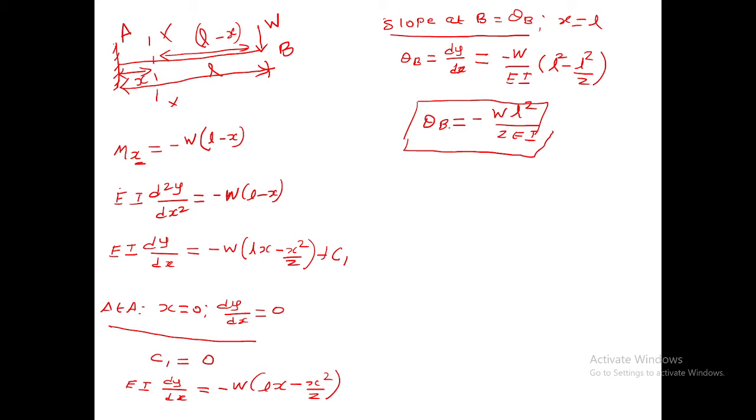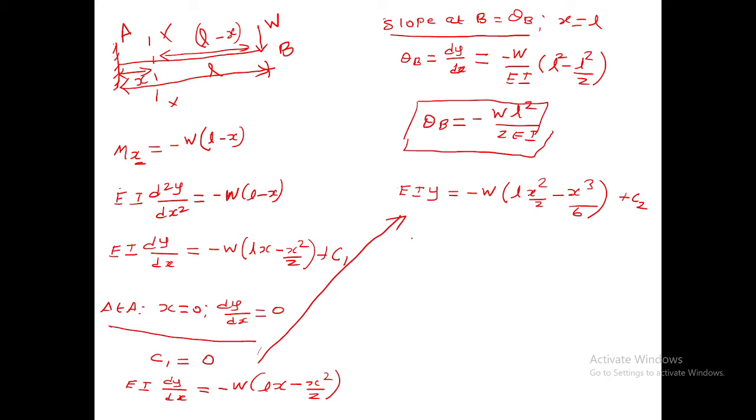The answer is minus W L square by 2 EI. The minus sign indicates the downward direction. Next, integrate this equation one more time. EI y equal to minus W times L x square divided by 2 minus x cube divided by 6 plus C2.